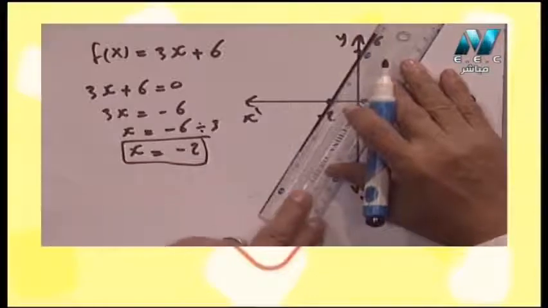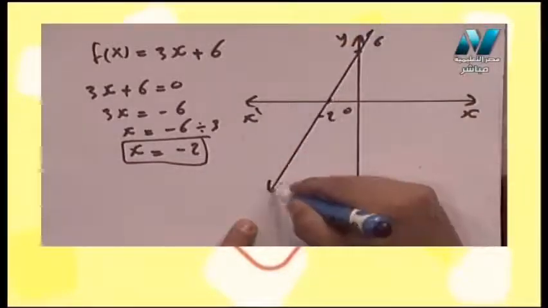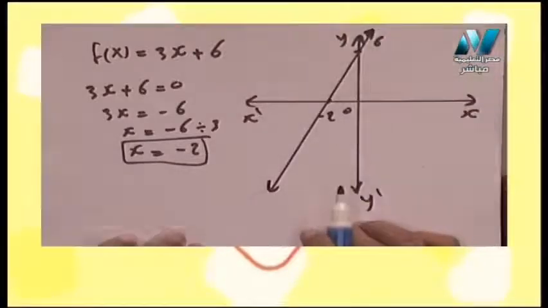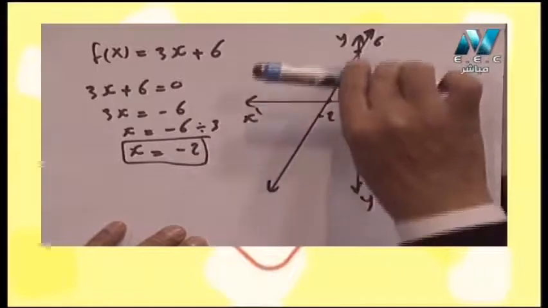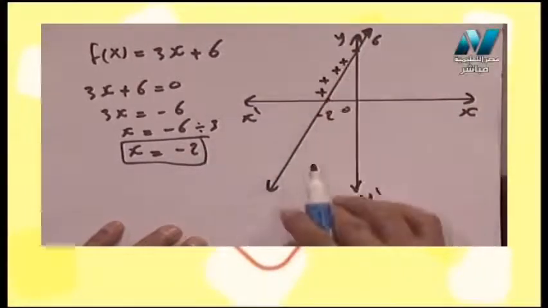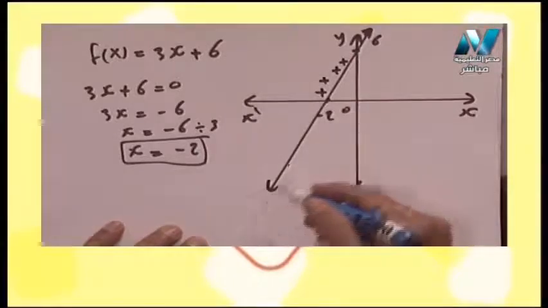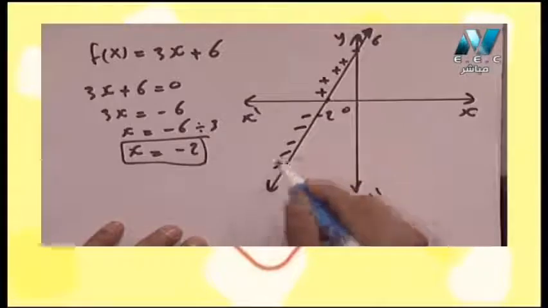Join these 2 points. We have a straight line here, like that. And we know that all the part above the x-axis will be positive, but all the part downward of the x-axis will be negative.